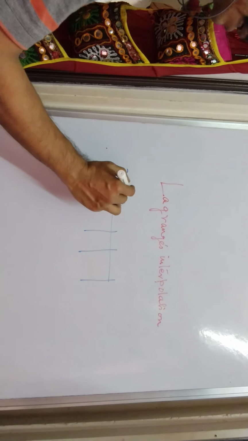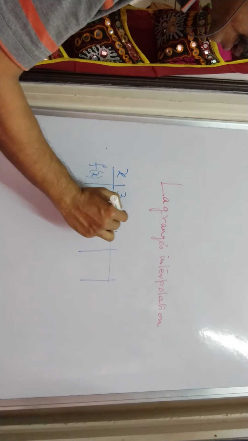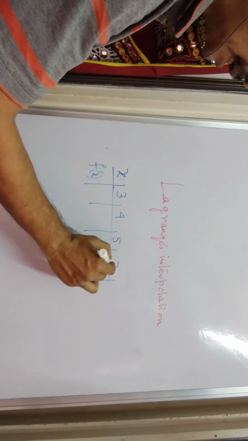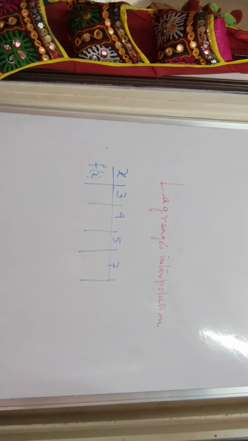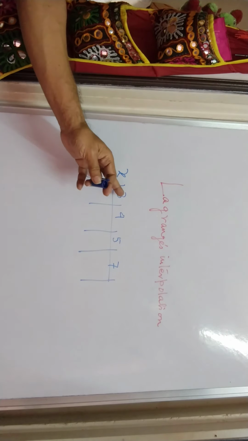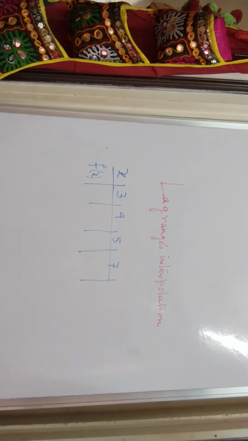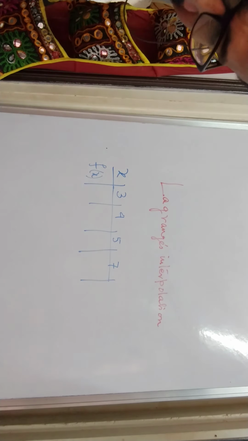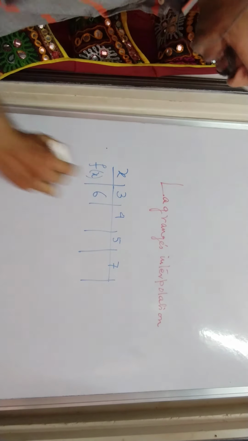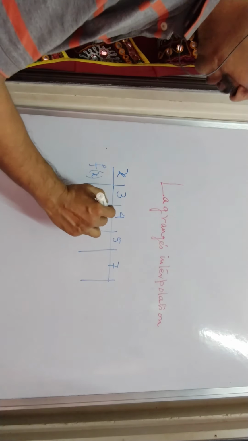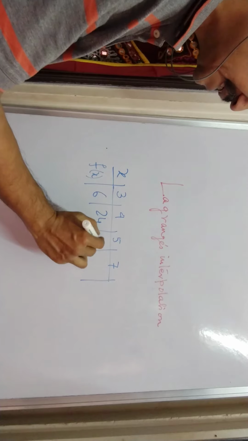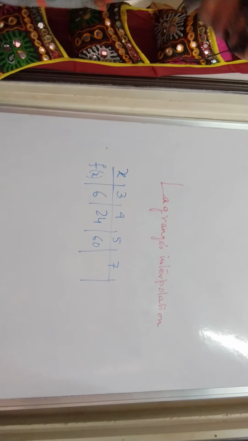We are interested in an unequal difference table. You can see that here the difference is 1 and here the difference is 2. So it is an unequal difference table of x. x is the independent variable, and we have the values of f(x) as 6, 24, 60 and 120.